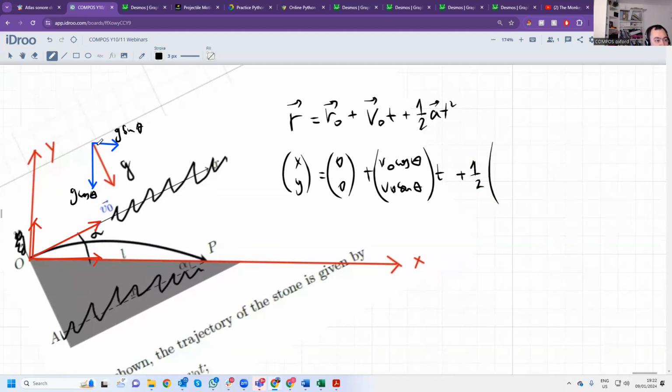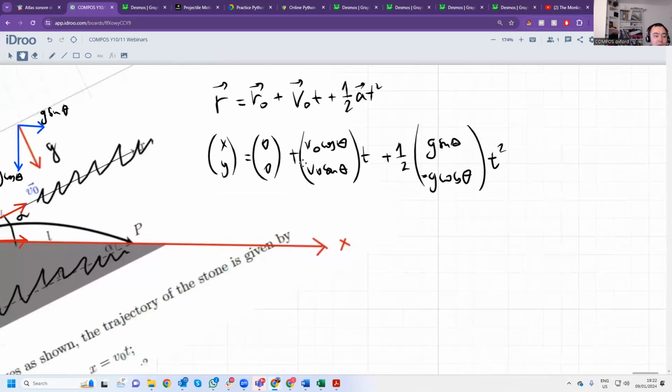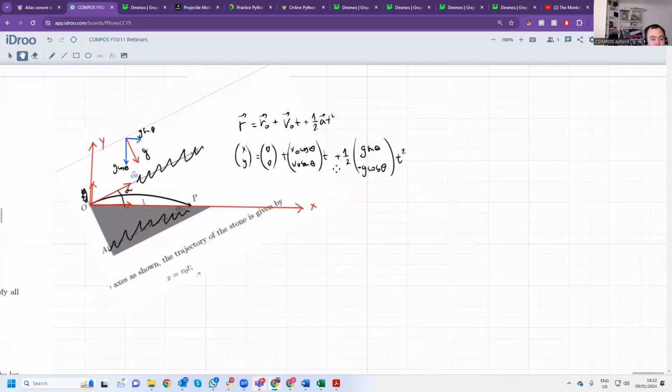Now the horizontal acceleration is g sine theta, and the vertical is g cos theta. Oh, vertical is minus, so it's minus g cos theta, and t squared. Now you got the equation.